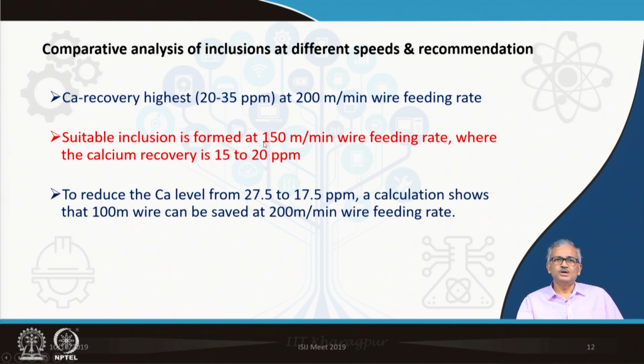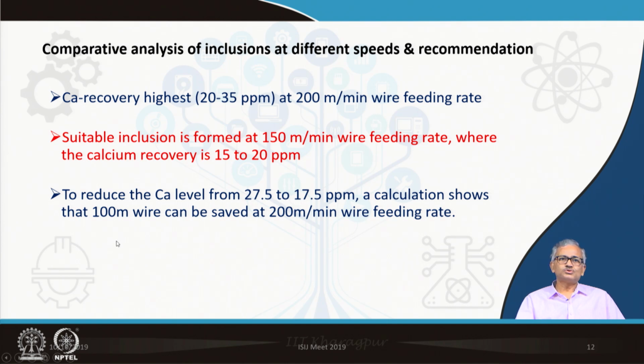So, what should we do? We should operate at 200 meter per minute such that we can get the maximum recovery, but we do not require that much calcium in the bath. So, what should we do? We will basically reduce some amount of wire. I will reduce some amount of wire, but I will increase the recovery. That is the thing. So, if I want to reduce the calcium from an average of 27.5 ppm to an average value of 15 to 20, 17.5 ppm, I want to bring down the calcium from this level to this level.